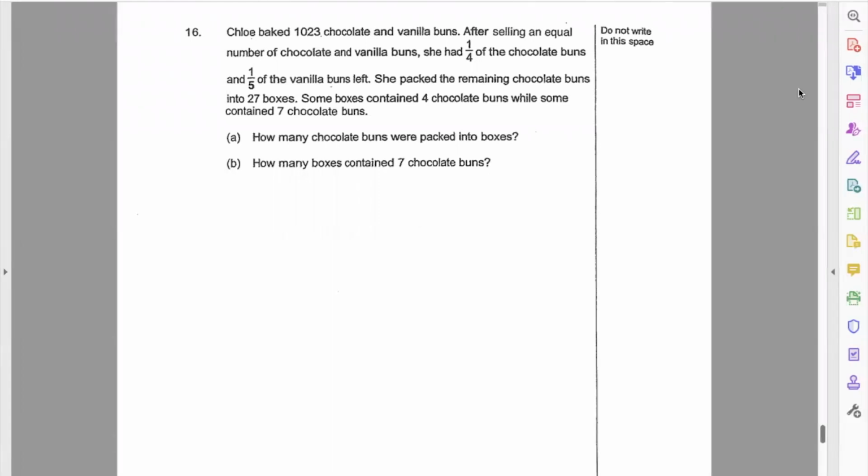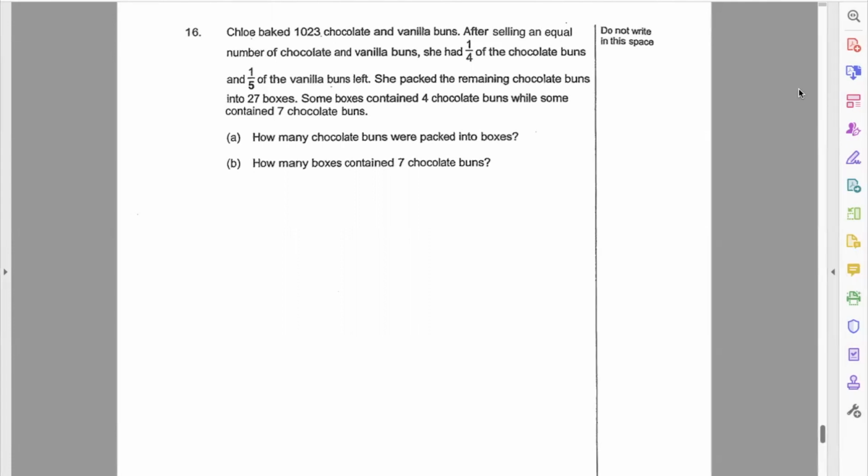After selling an equal number of chocolate and vanilla buns, she had 1/4 of the chocolate buns and 1/5 of the vanilla buns left. She then packed the remaining chocolate buns into 27 boxes. Some boxes contained 4 chocolate buns, while some contained 7 chocolate buns. So how many chocolate buns were packed into boxes?